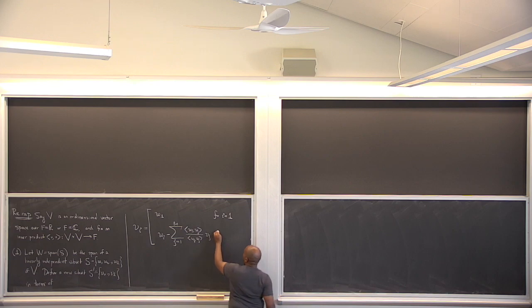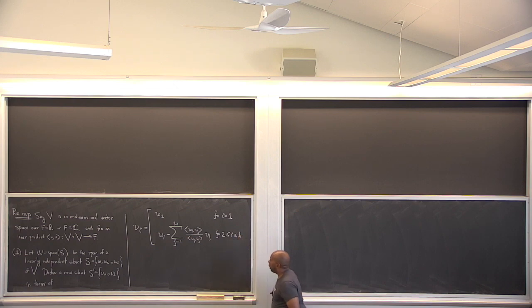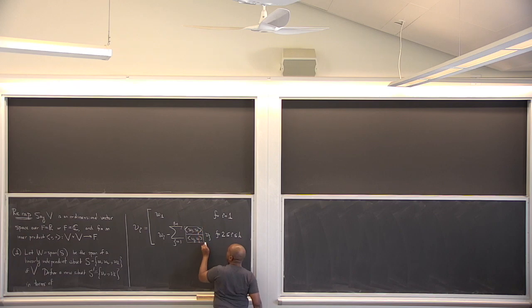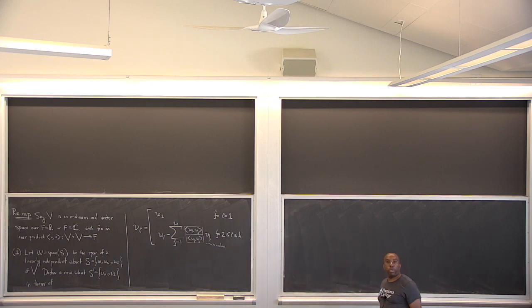And of course, this is for all the other i's. I do want to point out here that these ratios actually are scalars. Again, that's w_i inner product with v_j divided by v_j inner product with itself.